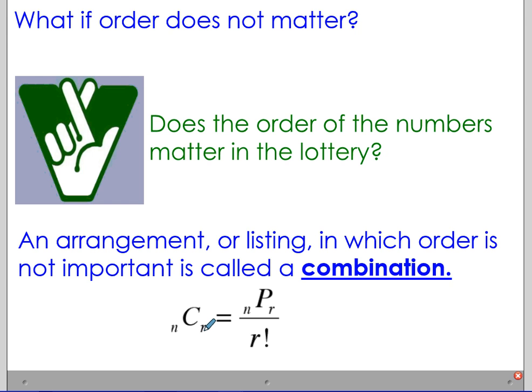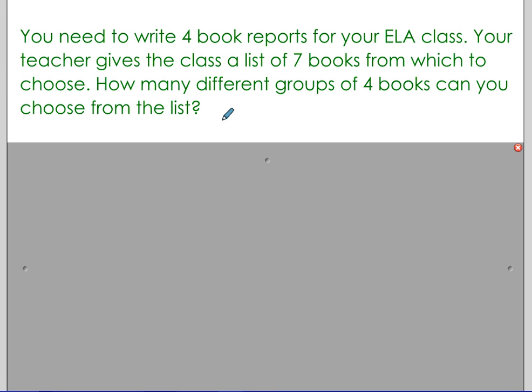And I will show you an example of what that would look like both on the calculator and longhand, because you might come to a situation where you do not have a calculator with you. So here's our example. You need to write 4 book reports for your ELA class.